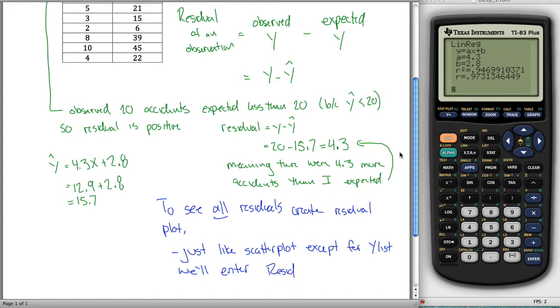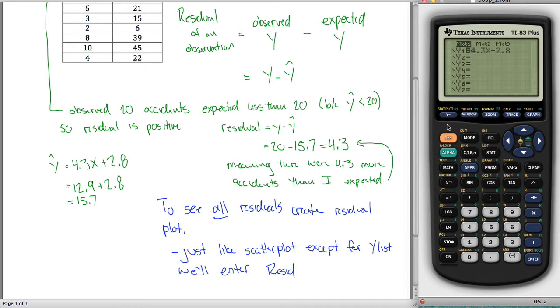To create our scatter plot, we went under stat plots, so we hit second and then y equals. We went under our first stat plot, we turned it on, and we created a scatter plot. Since L1 was where my x values were, I put L1 here, and L2 is where my y values are, so I put L2. But now I don't want L2 to be my y values, I want the residuals to be my y values.